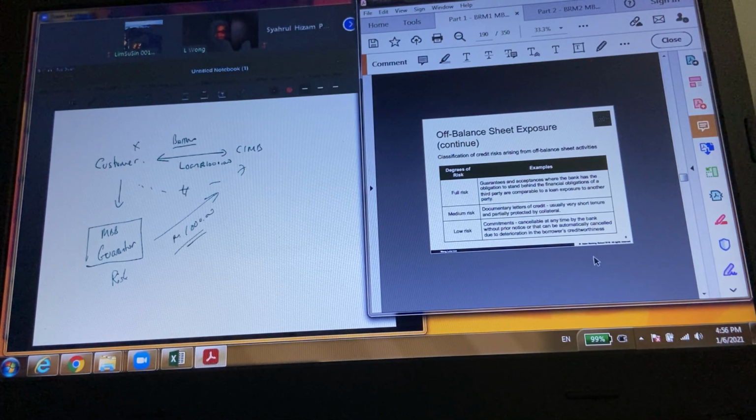So whatever the customer cannot pay, we will have to pay the full amount. As far as CIMB is concerned, they can claim the full amount from Maybank because that is the guarantee we gave them. In the worst case scenario, Maybank has to pay the entire amount. That is what I call full risk.